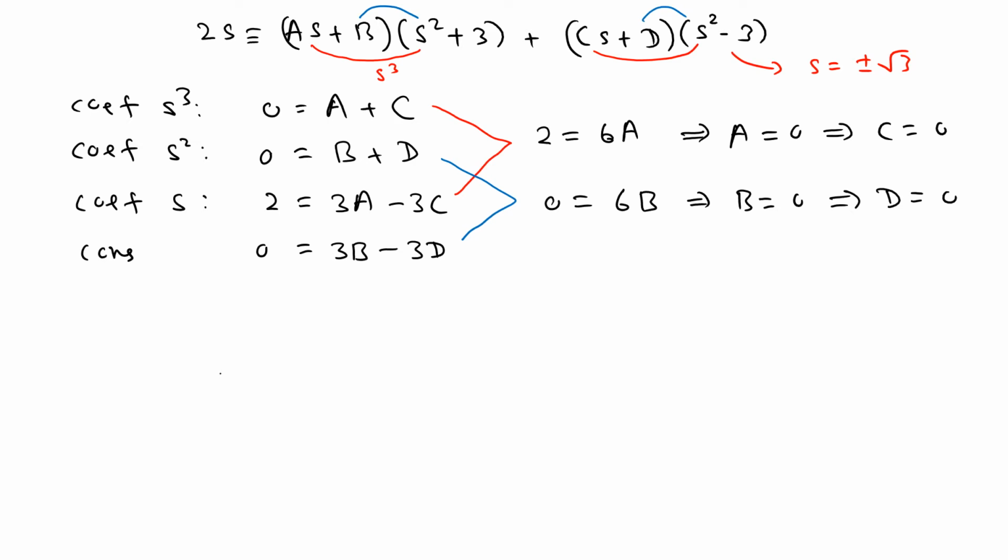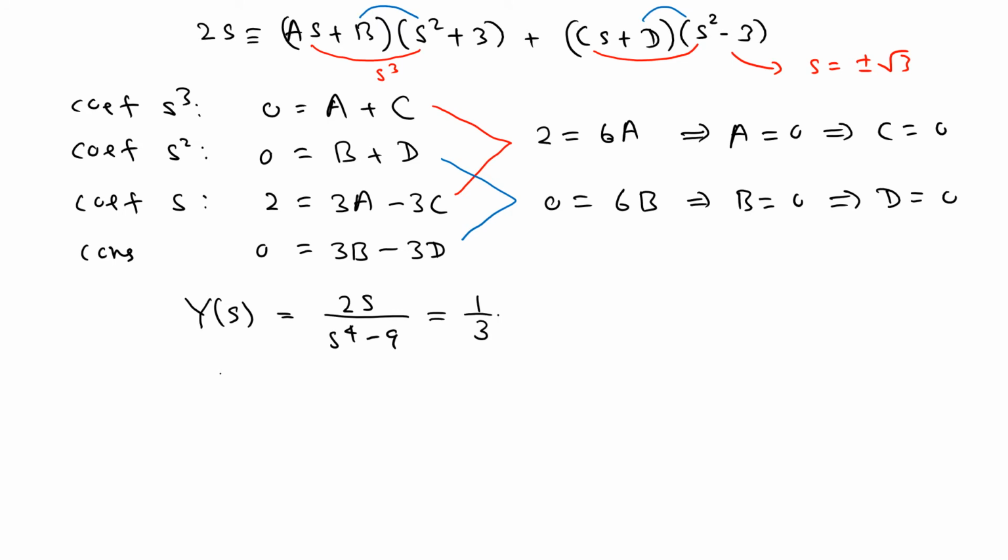Okay, so after we get that, we can go back and plug that into the equation. So we have Y(s) equals 2s over the fourth degree s to the fourth minus 9. What we got is that b and d are 0, so those two terms go away. So we only have a, which is 1/3.